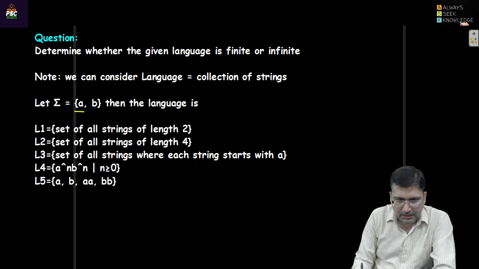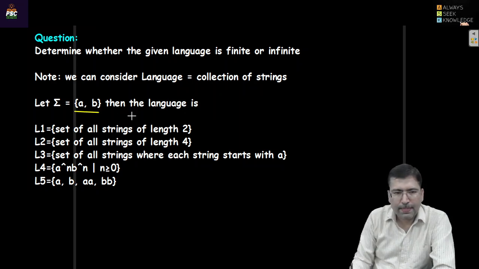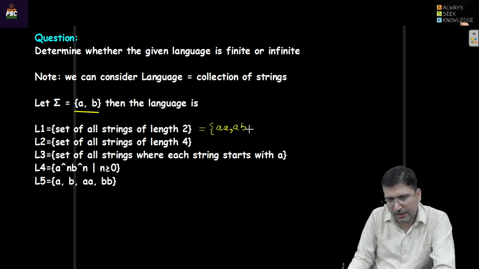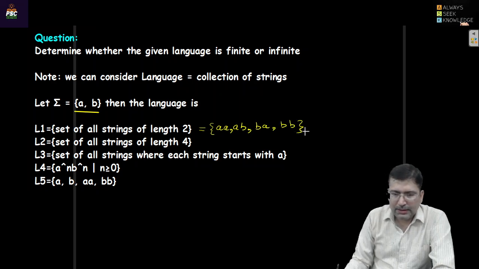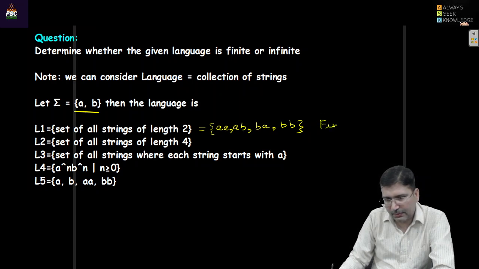The alphabet given is A, B. If we want to generate length 2 strings using a and b, we can generate either AA, AB, BA or BB. So only these four strings are possible. That means it is a finite language.